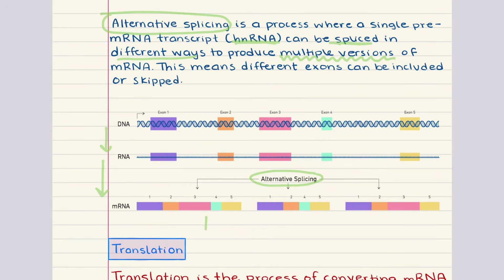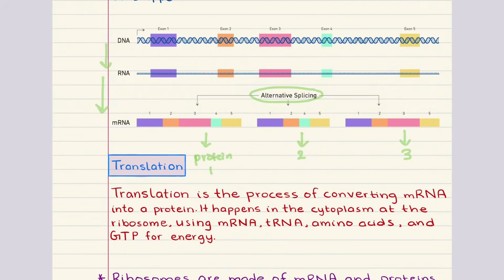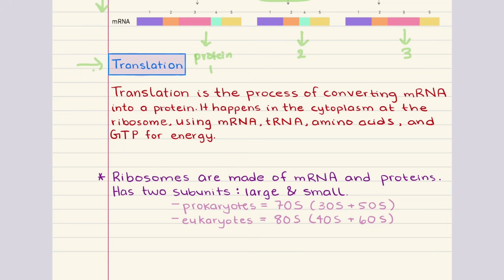And this allows for protein diversity without needing additional genes. It's super powerful in complex organisms like humans because it allows us to maximize the information that's encoded in our genome. Now we can move into objective 3 and focus on translation.